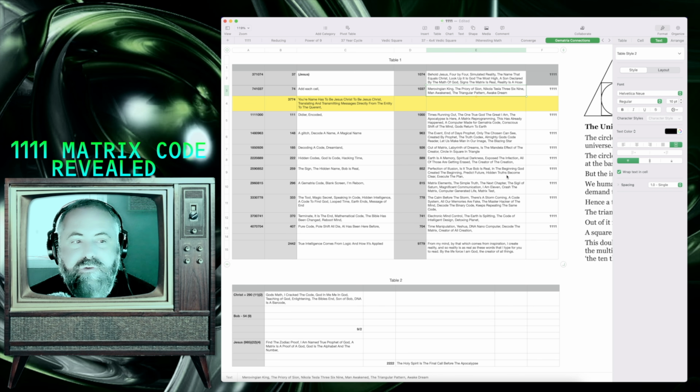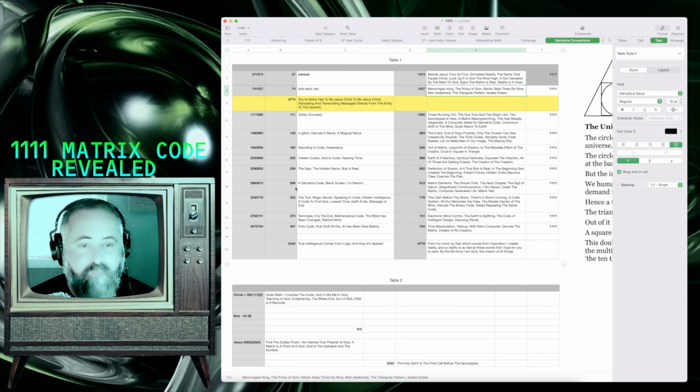Then we get hidden truths become clear. Well, these are all hidden messages and they're all becoming clear. And then we also get execute the plan. Now, does that mean a plan has already been executed and that's what we are witnessing now? Or is there a new plan that we're supposed to execute? Who knows?